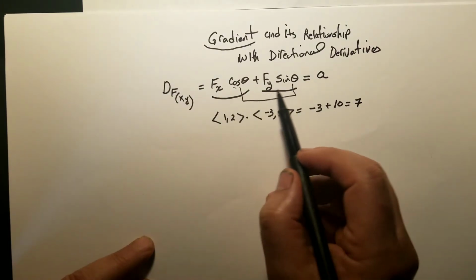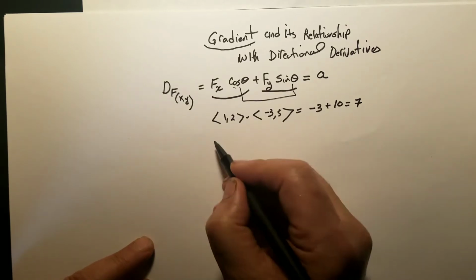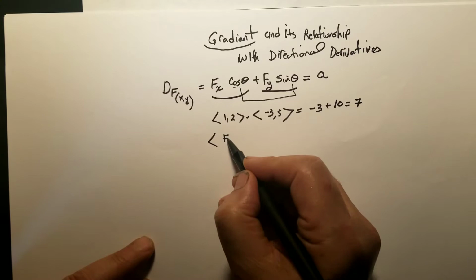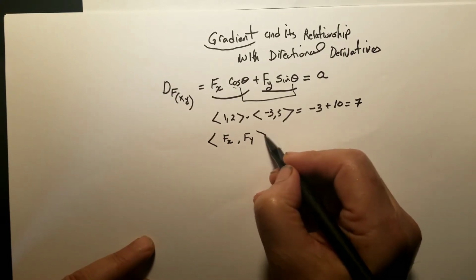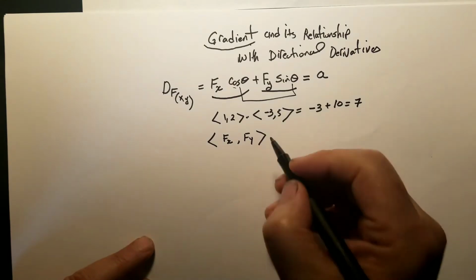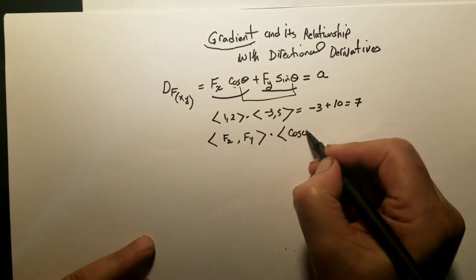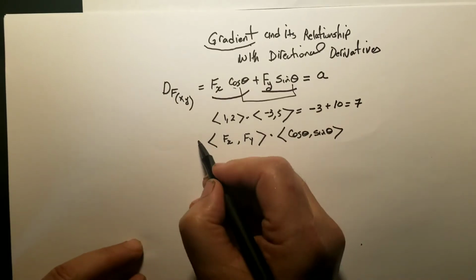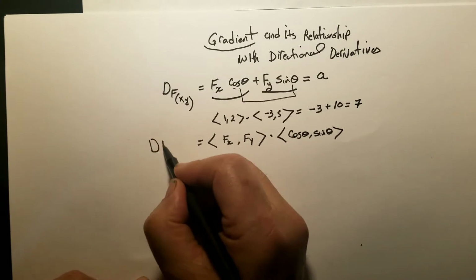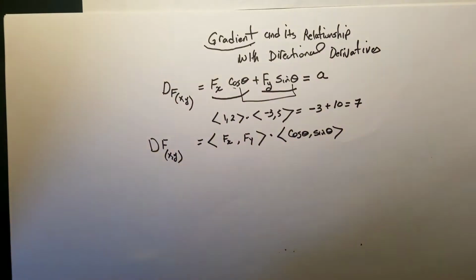Maybe I can write the directional derivative as a dot product of two vectors. Therefore, maybe I put the partial derivative with respect to x and the partial derivative with respect to y as a vector here and dot it with the unit vector cosine theta and sine theta. And this is nothing except your directional derivative of the function at any point x and y.